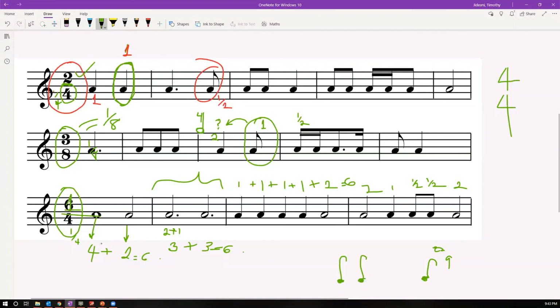For this one we have here, I'm going to play this one. So it will be 1, 2, 3, 4. So it will be 1, 2, 3, 4, 5, 6.